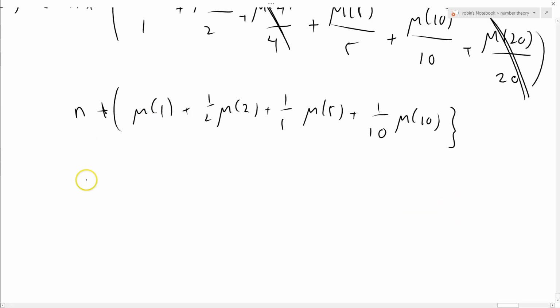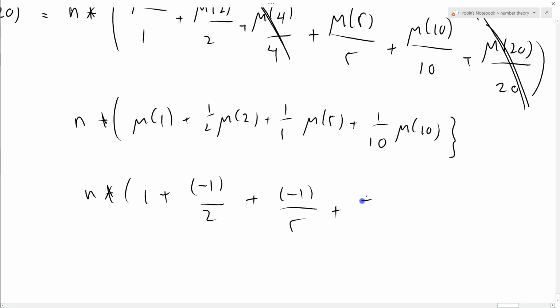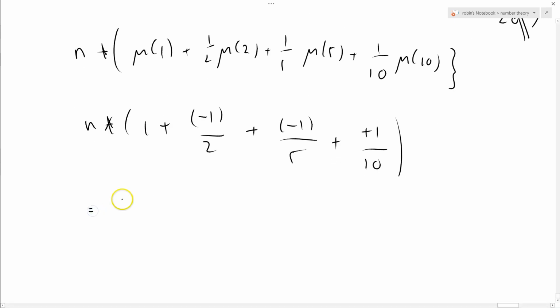Let's have a look at that. N times 1 plus, what's mu of 2? Well, it's just minus 1, isn't it, over 2. What's mu of 5? That's just going to be minus 1 as well, plus, that's going to be a plus 1 over 10. Equals n times 11 tenths, we've got 10 tenths there and 1 there, minus 5 tenths from here, minus 2 tenths.